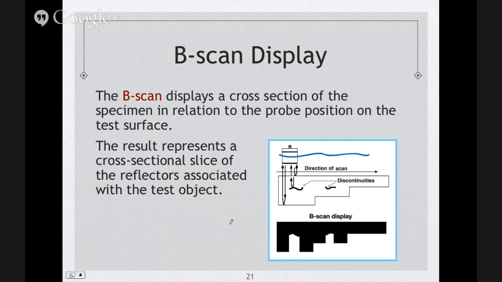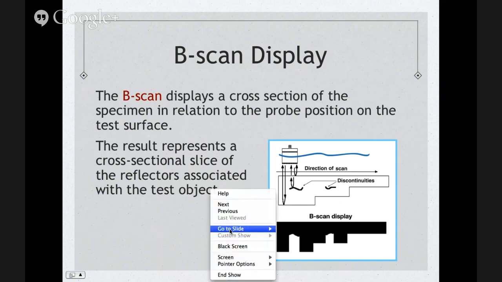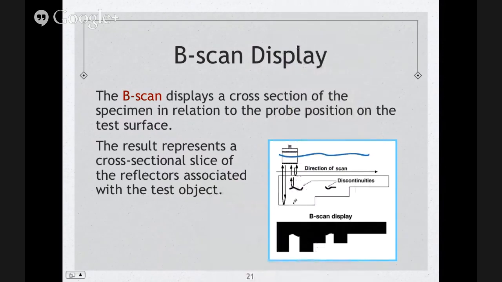Right, the B-scan displays a cross-section of the specimen in relation to the probe position on the test surface. The result represents a cross-sectional slice of the reflectors associated with the test object. On the B-scan, you're only going to see the areas that came back to the probe.